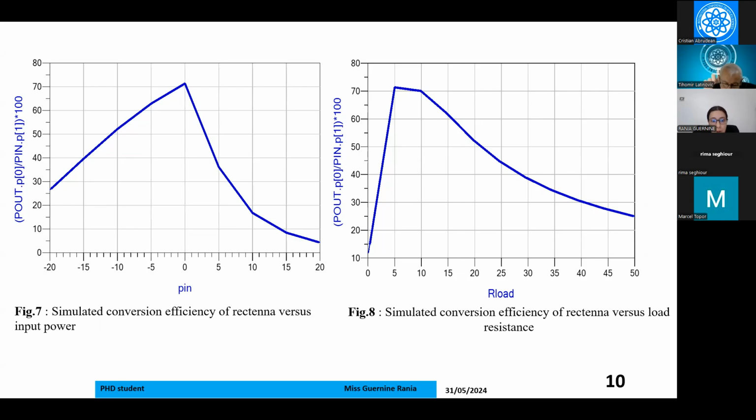The peak efficiency of our circuit is up to 17% at 0 dBm and at a 5 kilo ohm load resistance. Figure 8 shows that the efficiency increases rapidly, then decreases after some value of the resistance, and the peak efficiency at the optimal load resistance is up to 17%.